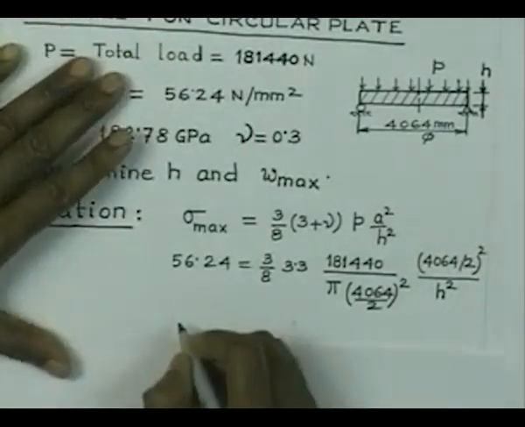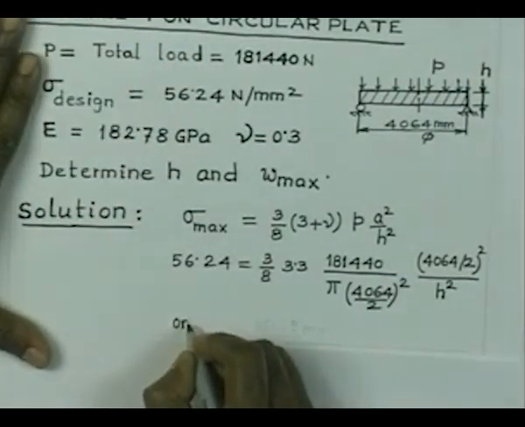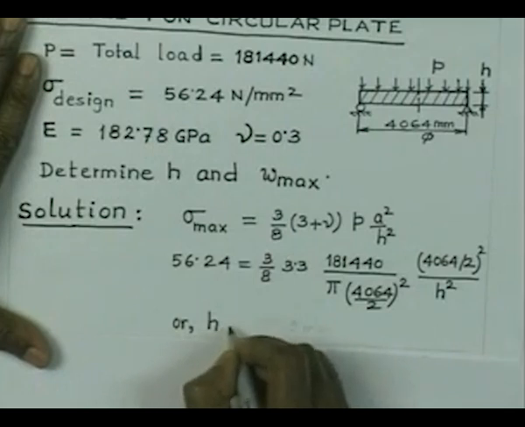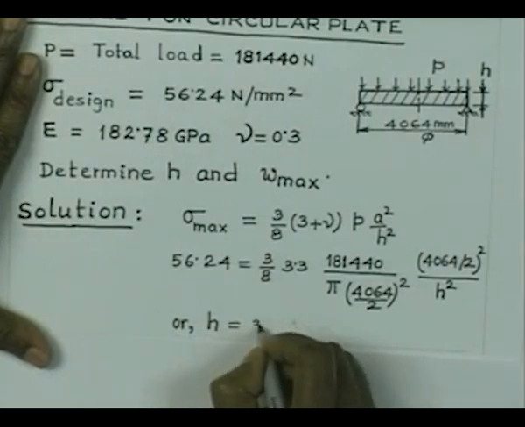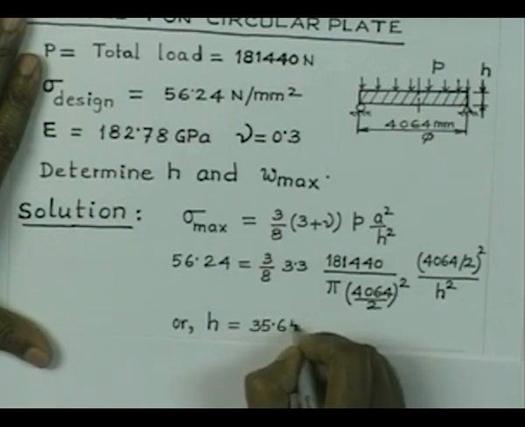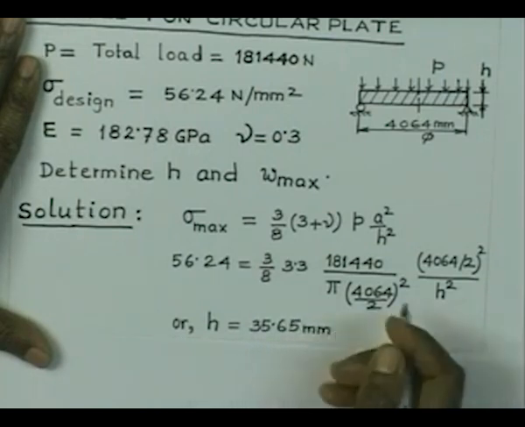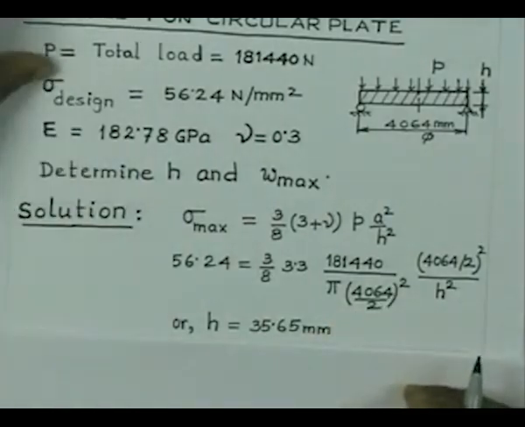If you now calculate, the thickness comes out to be 35.65 millimeter. So, the thickness of the plate has got to be this much.